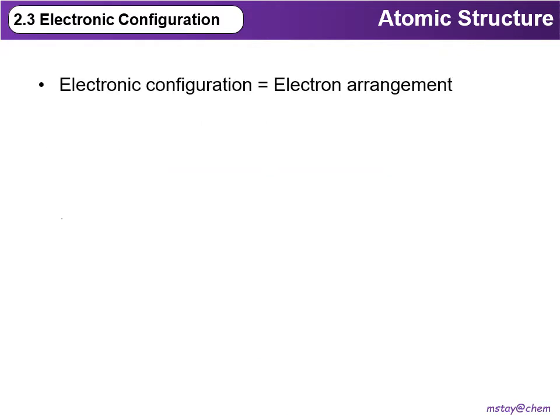In this video, we are going to focus on electronic configuration. This is the term that we always use. However, another general term that can represent electronic configuration is electron arrangement, or in Bahasa, we say susunan elektron.